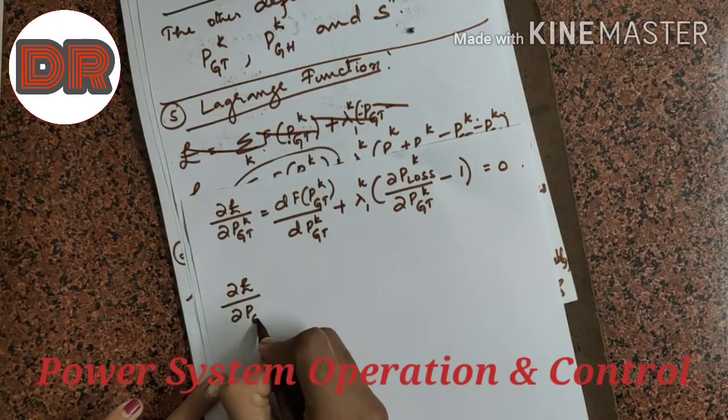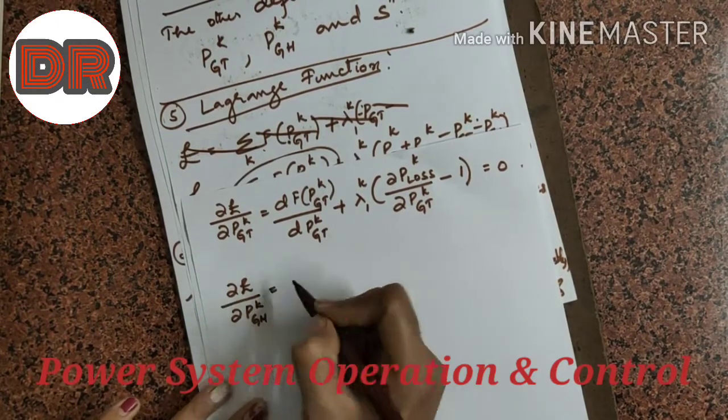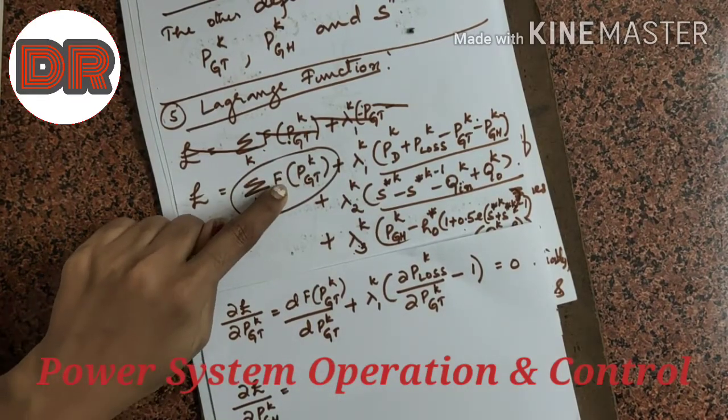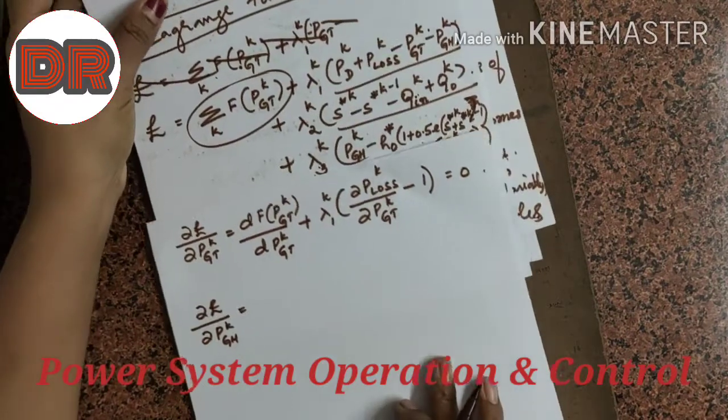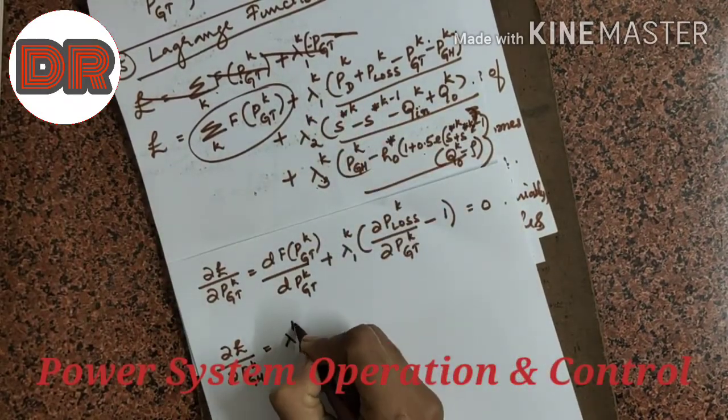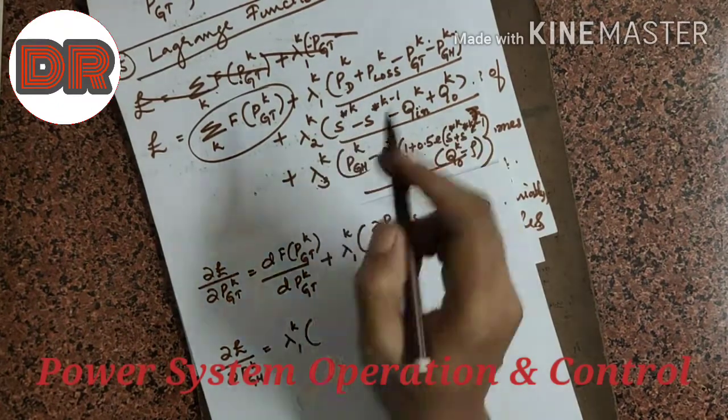Similarly, let us differentiate this with respect to PGHK. The first term, the objective function term, is not dependent on PGH, so we can neglect that. In the second term, we have lambda 1K, PD is not dependent, P loss is dependent.